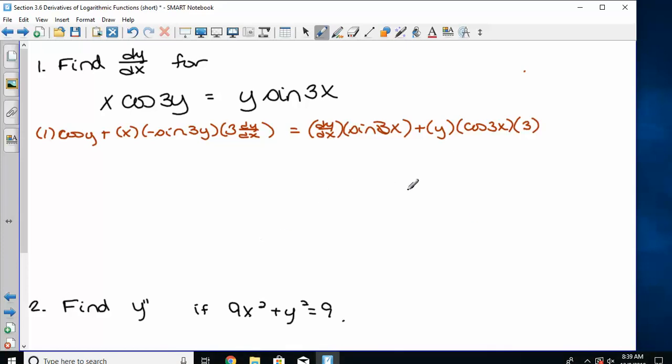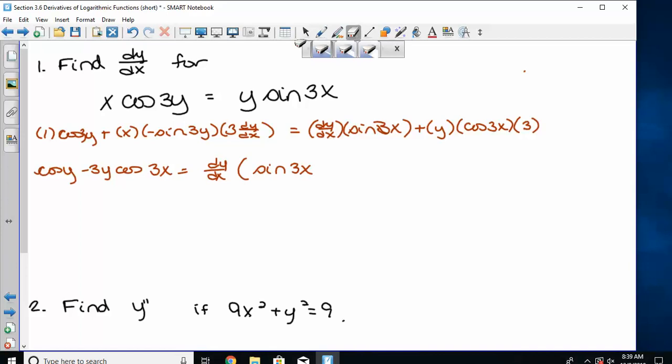I need my dy dx's on one side, everything without it on the other. So I'm going to leave this cosine y here. I'm going to subtract over this term, which I'm going to write as 3y cosine 3x. I'm going to leave this. Can I pull out my dy dx at the same time? Kind of combining steps. So if I lose you, let me know. Oh, yep, thank you. Just dropped my 3 right there.